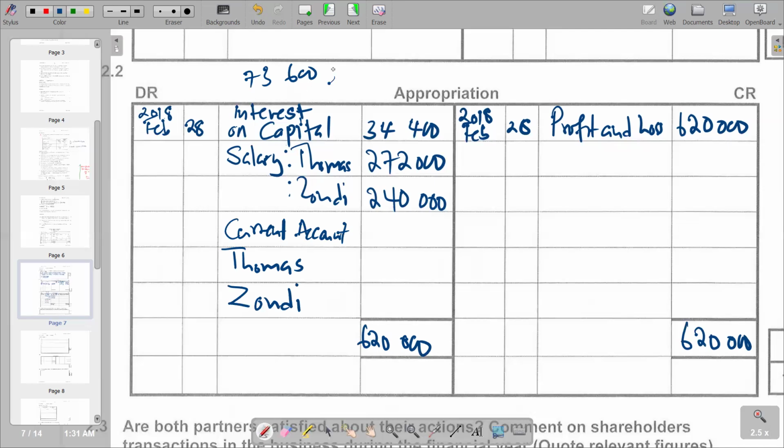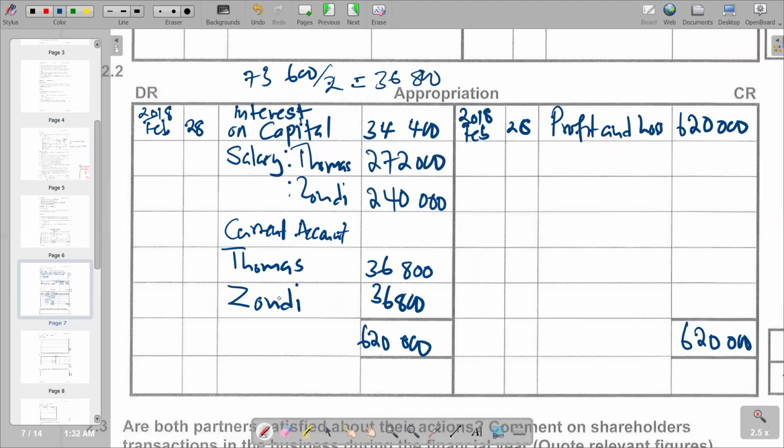So we divide by 2 and we get 36,800. So basically we are saying between the partners, each one will get 36,800. So we have finished in terms of our appropriations of share of profit.